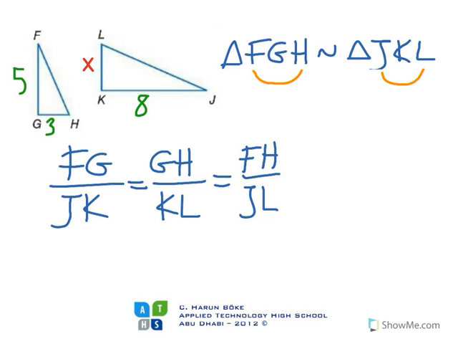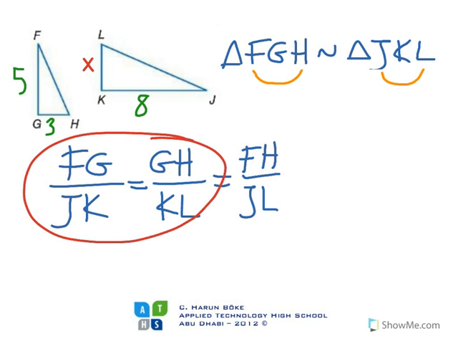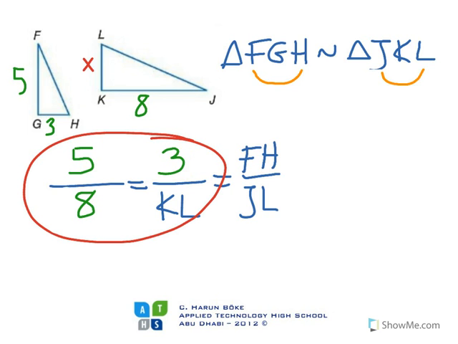We'll only consider this part of the proportion and write the numbers. So instead of FG, it will be 5. Instead of JK, it will be 8. Instead of GH, it will be 3. And KL is the side that we don't know. So we can call it x.